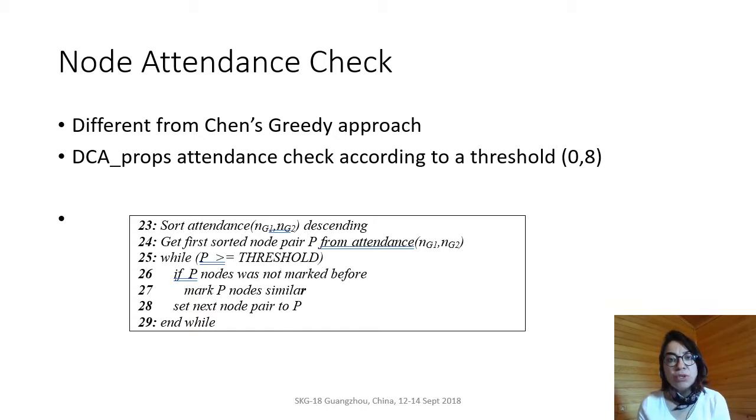In our improved version of node attendance check, the attendance combinations are sorted in descending order, and the pair with maximum attendance is marked as the first similar nodes. In the attendance threshold check, we just consider unmarked nodes. In our study, we defined the threshold according to our experimental results and set it to 1.8 for attendance check along the comparison process.